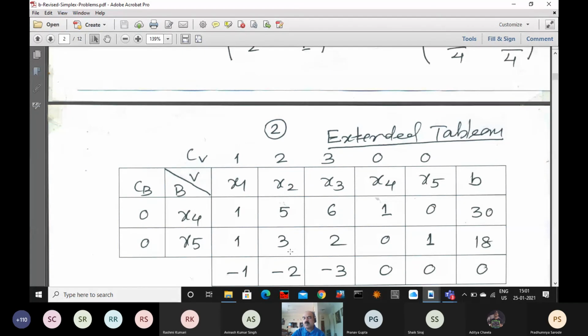Similarly, 0 0 into 5 3, that is 0, subtract 2, that is minus 2. 0 0 into 6 2, that is 0, minus 3, that is coming as minus 3. This completes. So minus 1, minus 2, minus 3. Which is most negative?